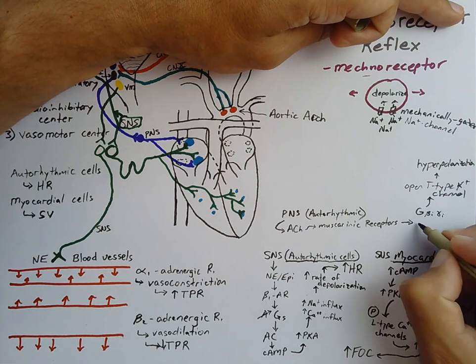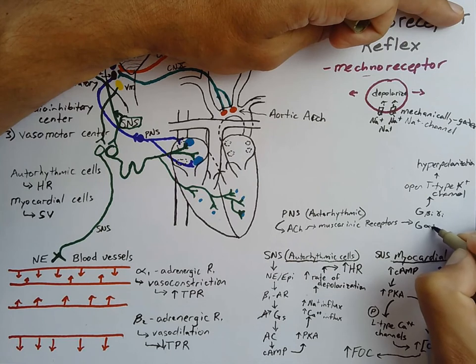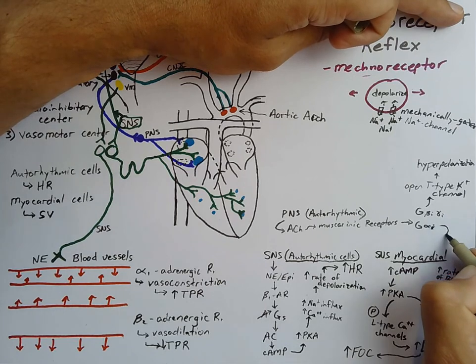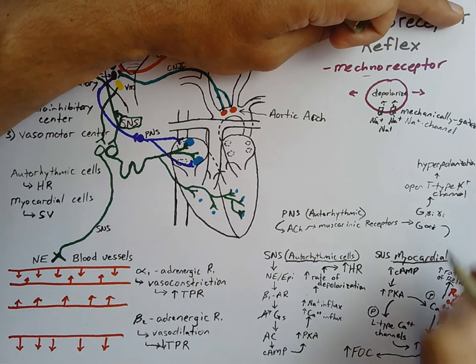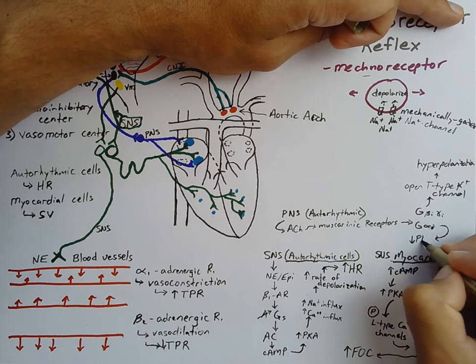What else is going to happen is that this G protein has an alpha subunit. It's an alpha inhibitory subunit. This is going to actually block PKA's function, so it's going to decrease PKA function.